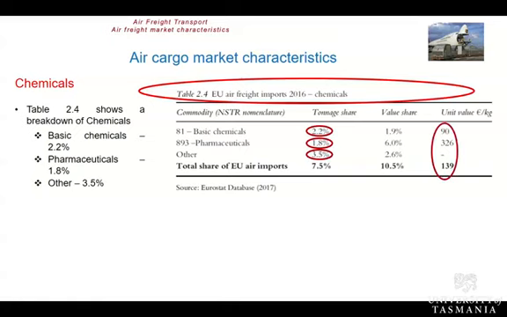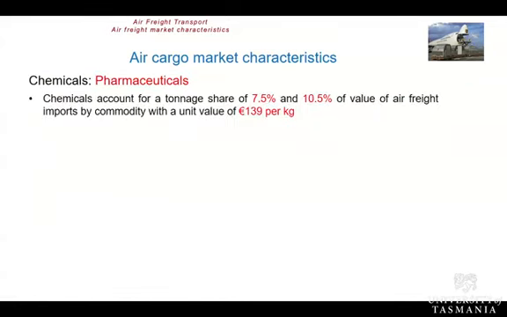Validated, if we have a look at that unit price, once again, basic chemicals up around about 90 units per kilo, pharmaceuticals 326. So you can see where a lot of the interest is going in terms of pharmaceuticals, because it's right in that sweet spot, if you like, in terms of having the right value to weight ratio.